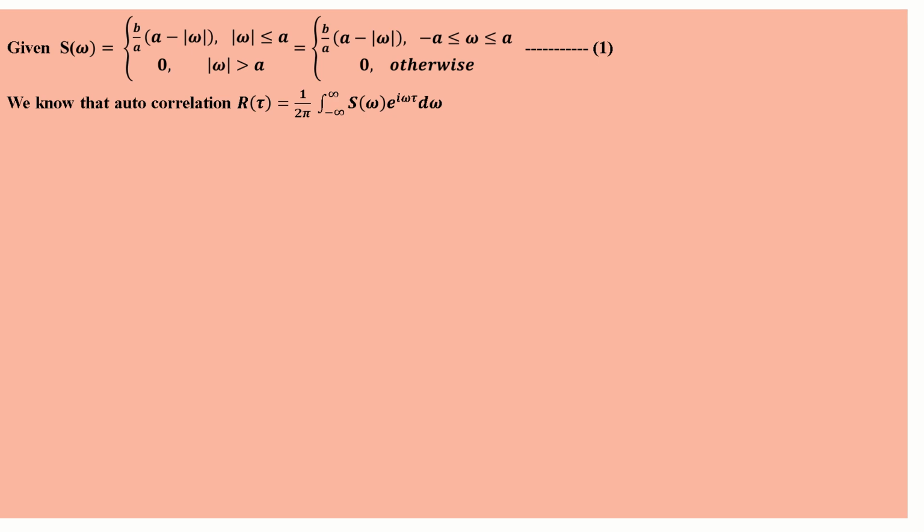R(τ) is the inverse Fourier transformation of S(ω), so it is equal to 1/2π ∫ from -∞ to +∞ S(ω) e^(iωτ) dω.